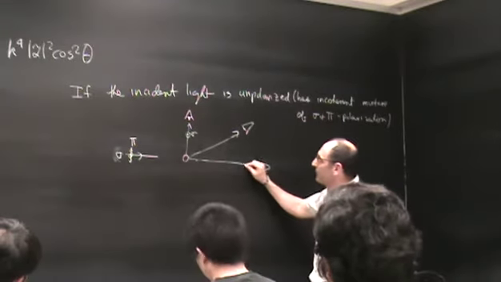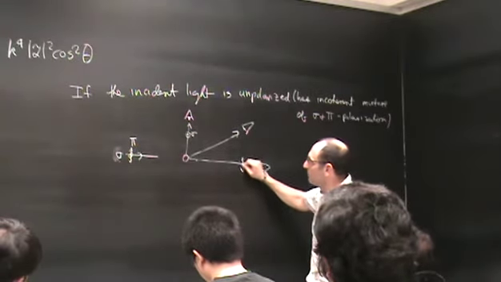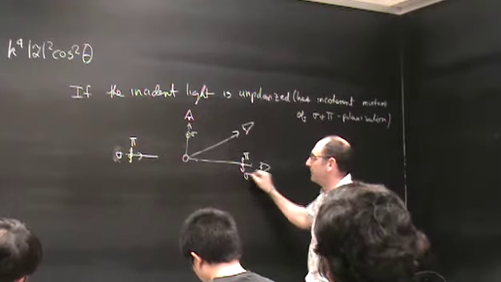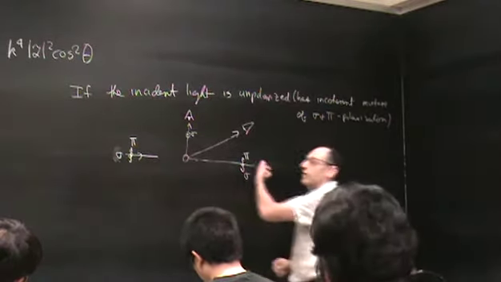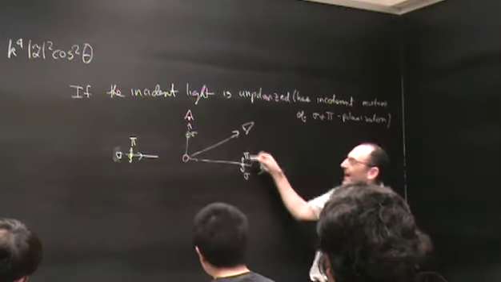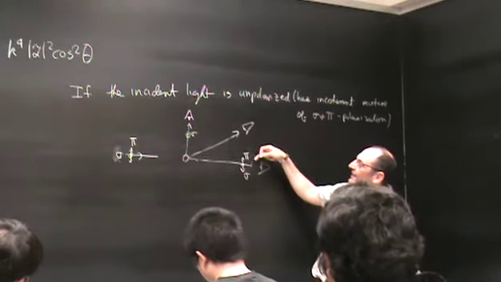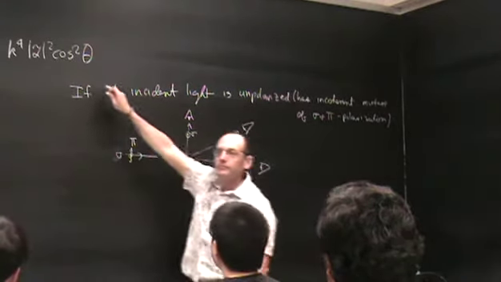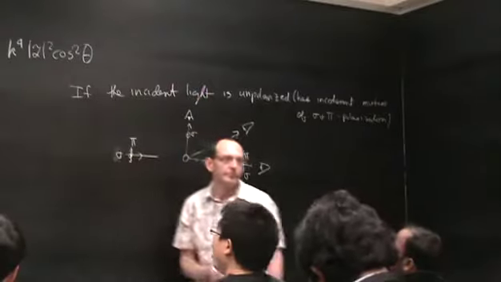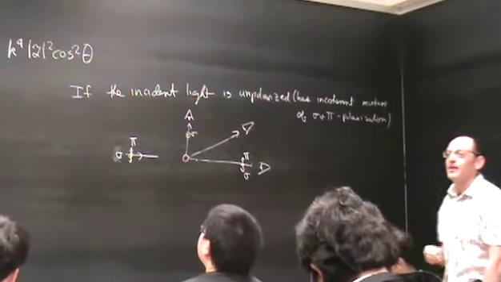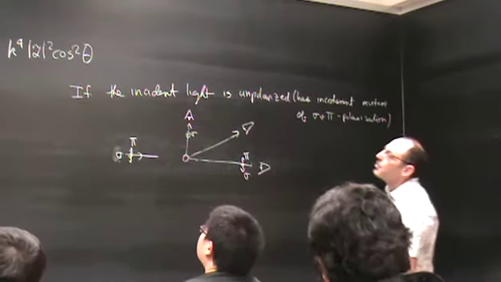Whereas if I look in this direction, I see completely unpolarized light. I see equal amounts of pi and sigma, because in this direction, it's all perfectly transverse. And as I look in different directions, I see less and less of the pi, but the same amount of sigma. Standard optics factoid. All right.